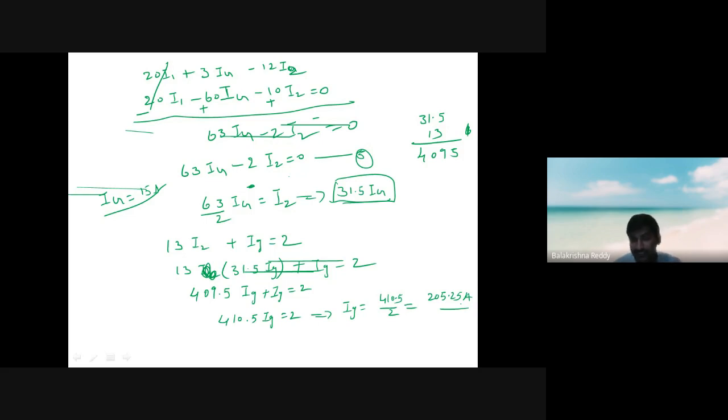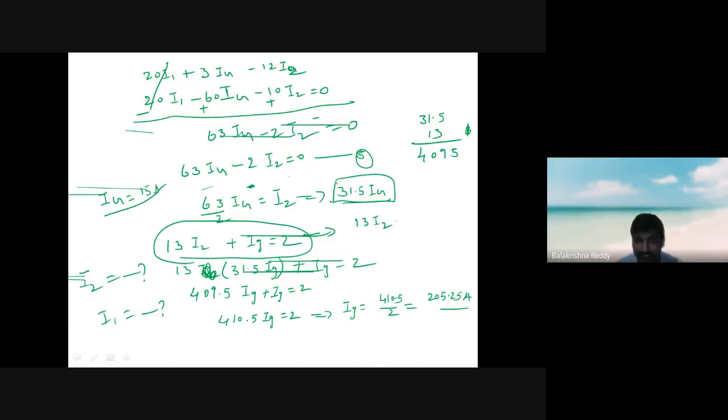Since we found the Ig, we can also find the I2 value easily, as well as I1 also. How? If you substitute this Ig value in the other equations, you will find it easily. In the above equation, let us say 13 I2 plus Ig, in this only you substitute, you will get the I2 value. 13 I2, okay?